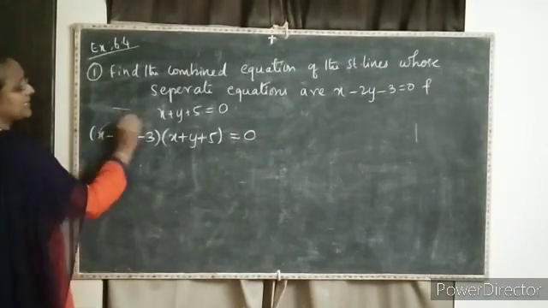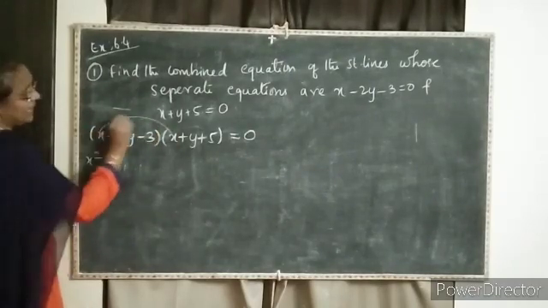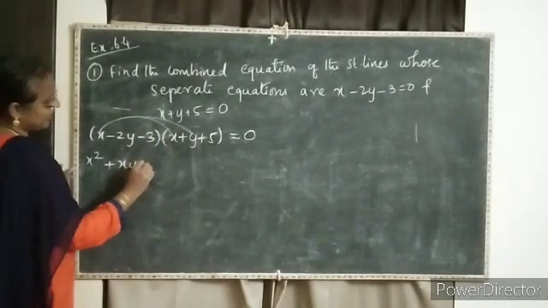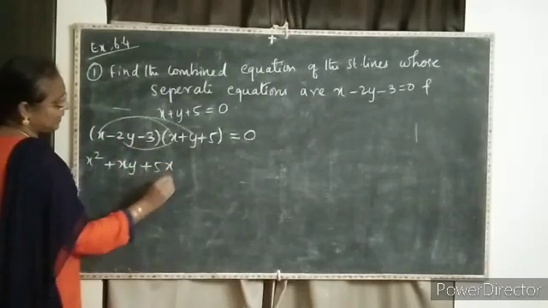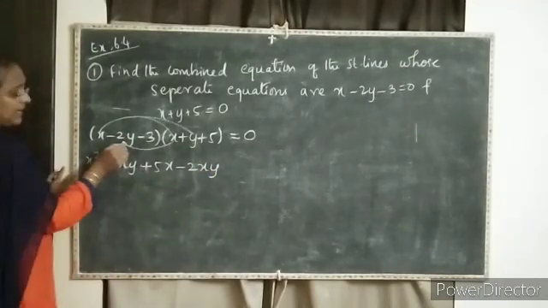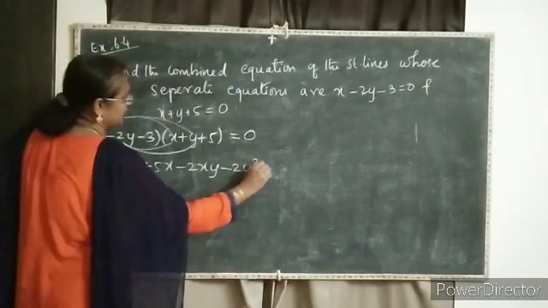So now first let us take x. x into x is x squared. Again x into y will give you plus xy. Again plus 5x. Now take this minus 2y: minus 2xy. Again minus 2y into y, minus 2y squared.